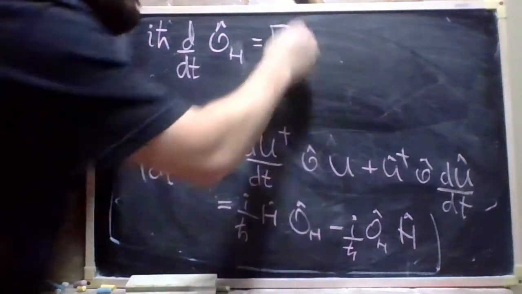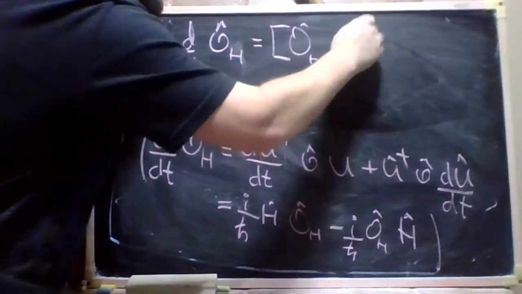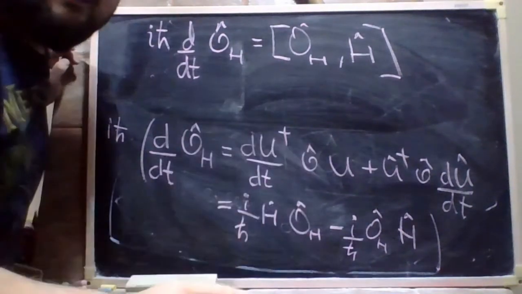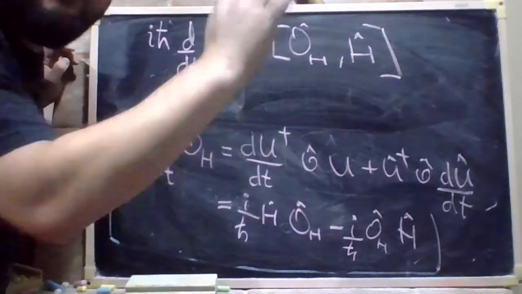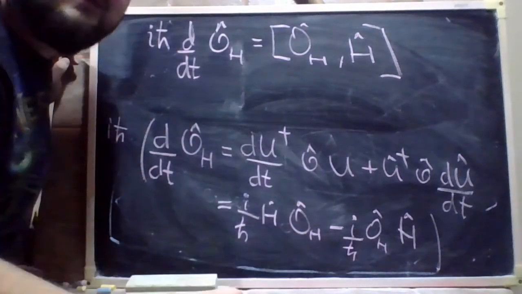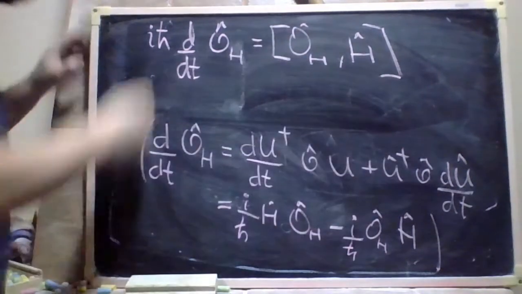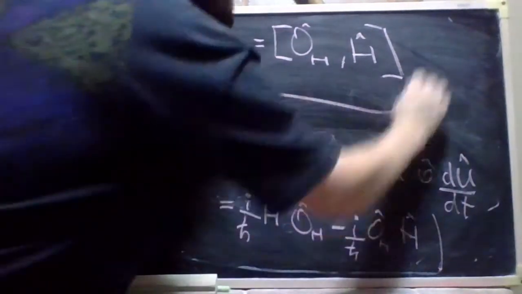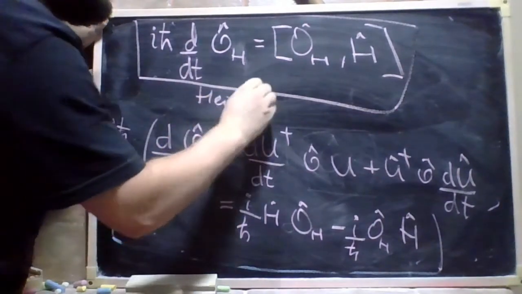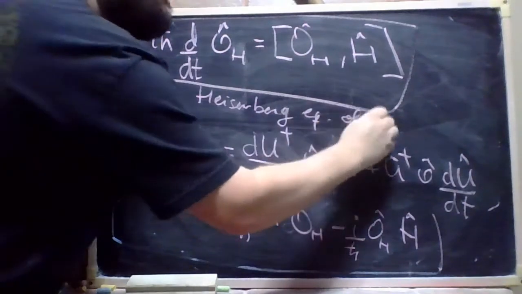So the equations of motion for Heisenberg operators: the psi of the system, the cat state of the system, is fixed in the Heisenberg picture, but operators evolve in time according to this equation. This is called the Heisenberg equation of motion.